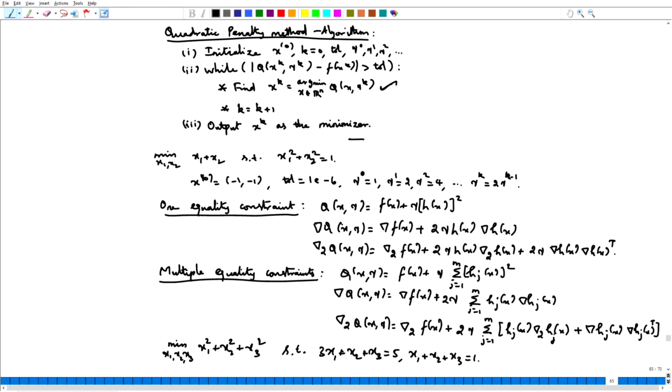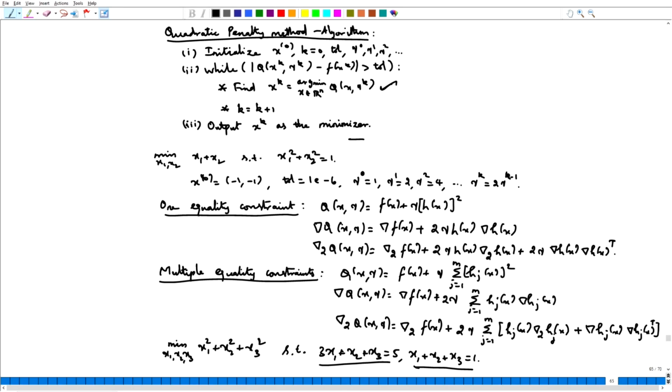If you are trying to understand geometrically, you are trying to find the minimum distance from the origin, right. x1 squared plus x2 squared plus x3 squared represents the distance from the origin. Distance from the origin to what? It is to the intersection of these two planes. 3x1 plus x2 plus x3 equal to 5 is one plane, and x1 plus x2 plus x3 equal to 1 is another plane.